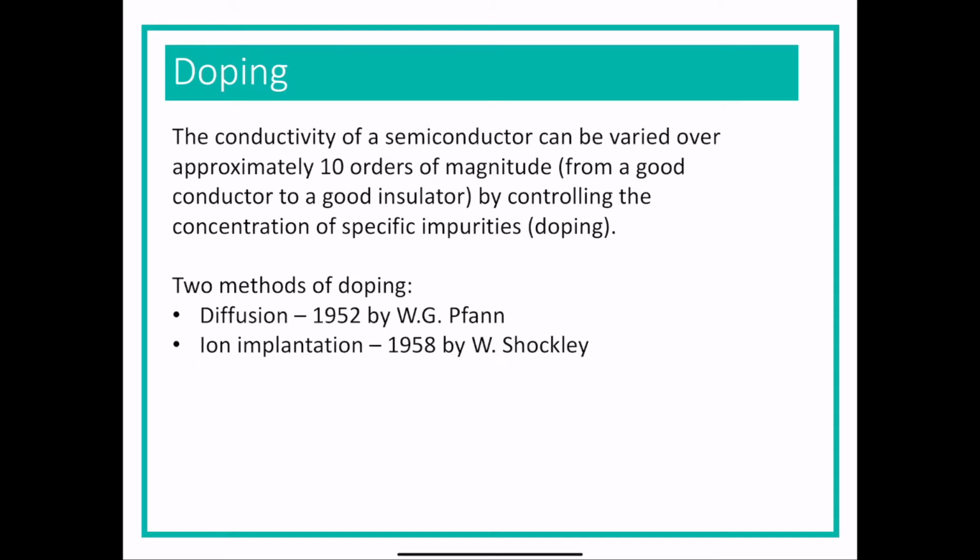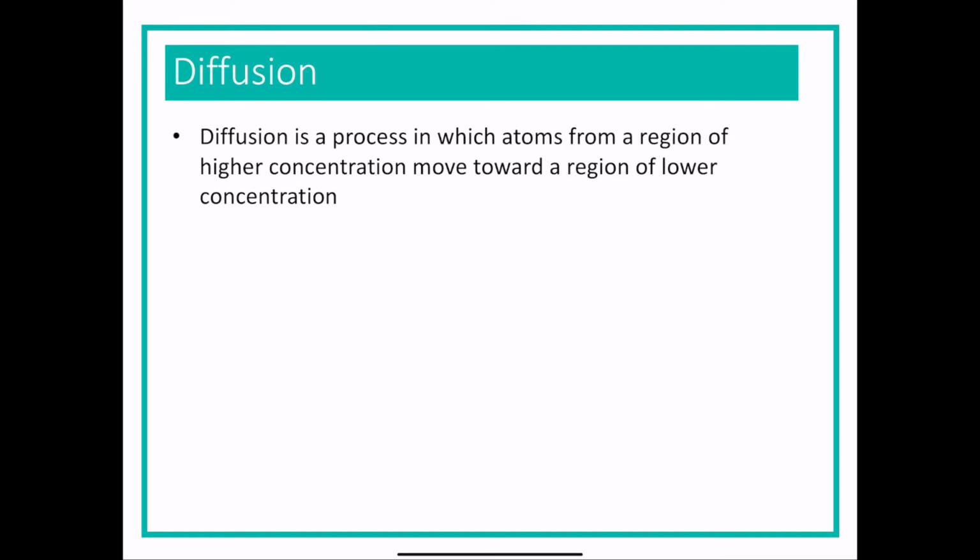So we're going to talk about diffusion. Diffusion, which you learn about in chemistry, is just when you have atoms in a real high concentration moving and distributing themselves over some area that has a lower concentration.